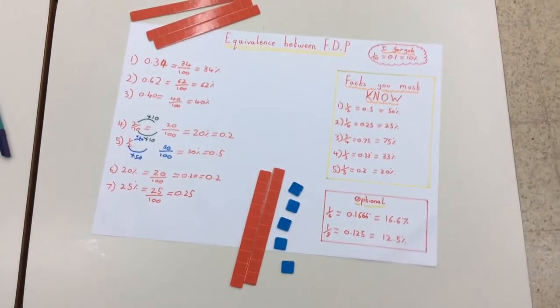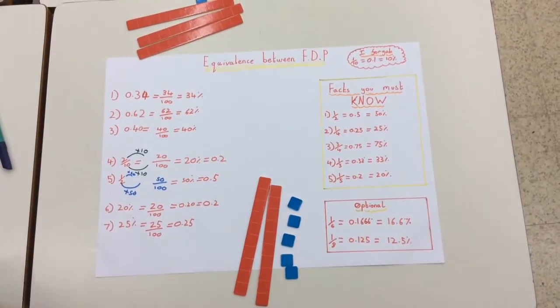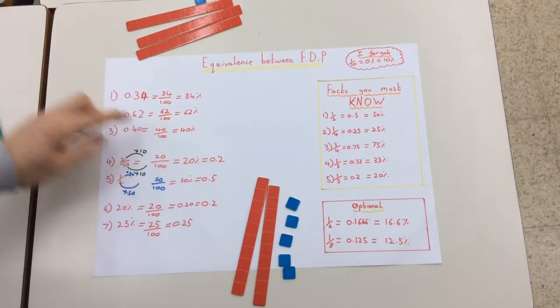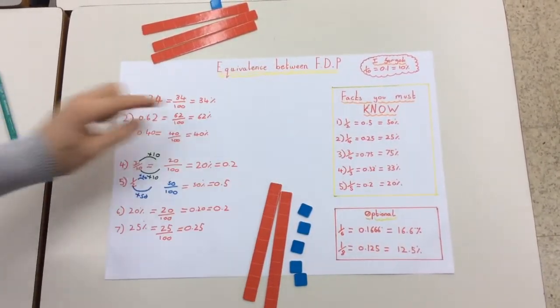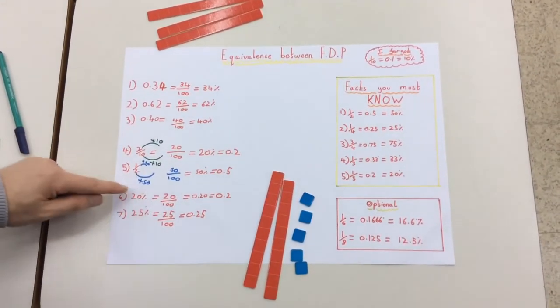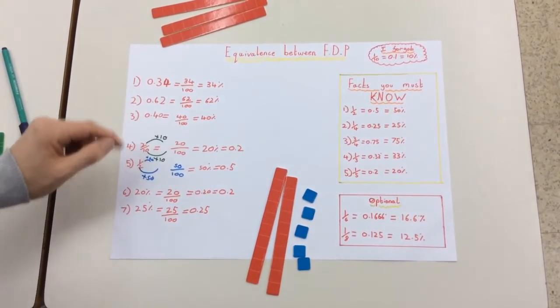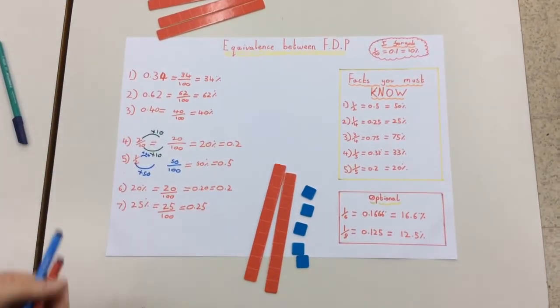So what you've learned is that we can find the equivalence, same value, different appearance, of fractions, decimals and percentages. And the key thing is that we have to make them have 100 on the bottom as fractions, as percentages because they're out of 100, and then we can look at them.